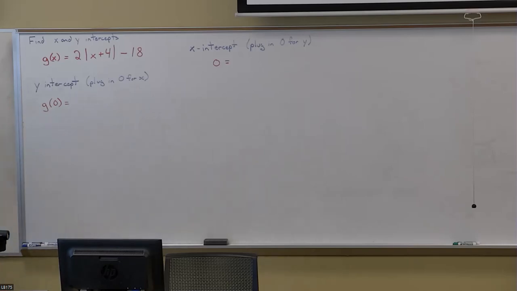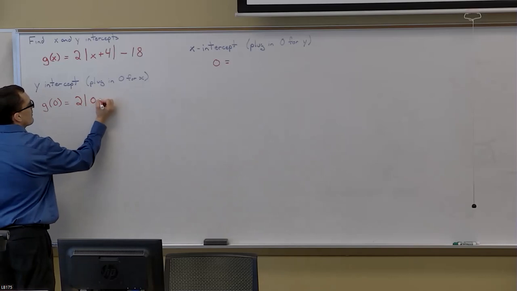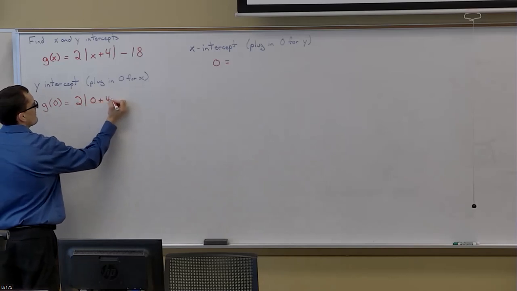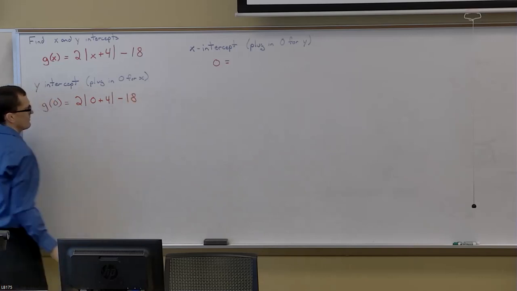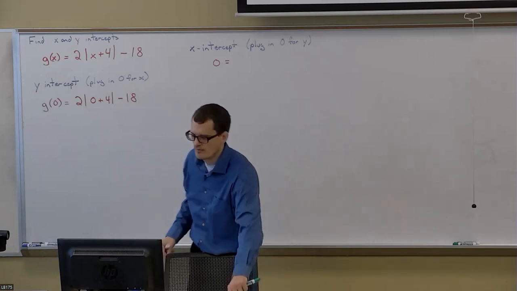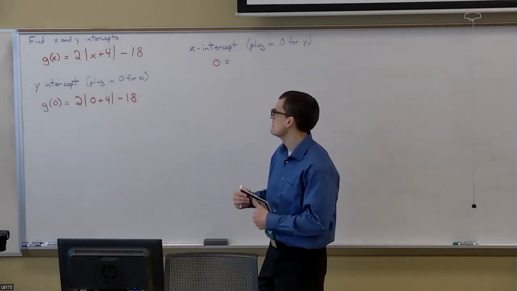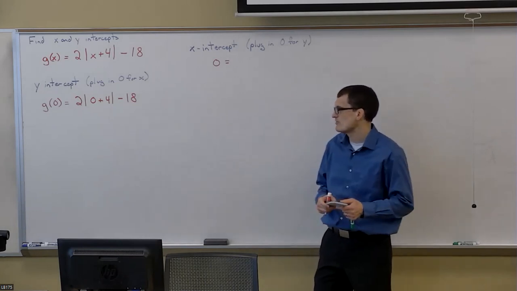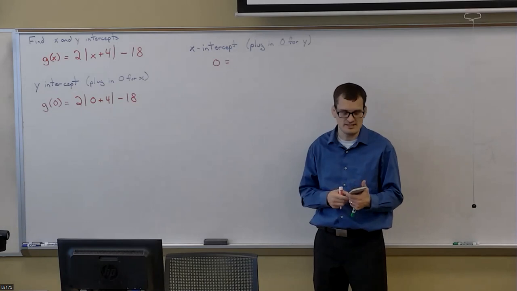All right, so let me go through this. This will be the last one I do in this section. To find my y-intercept, I'm going to replace the x value with the 0. So we end up with 2 times the absolute value of 0 plus 4, minus 18.